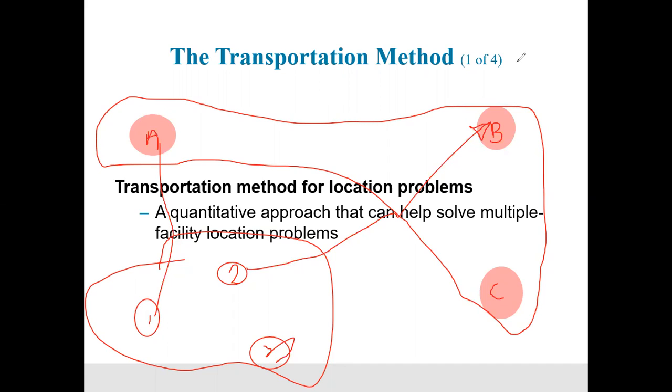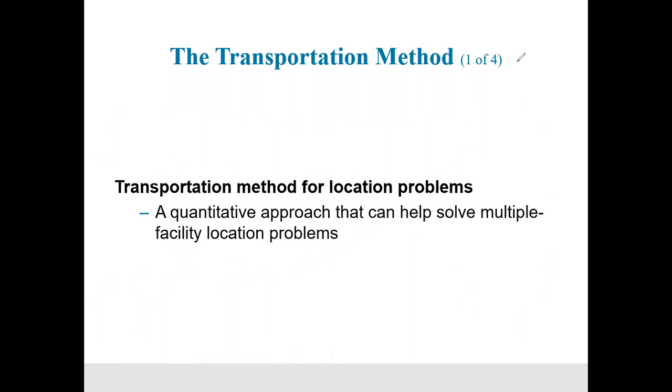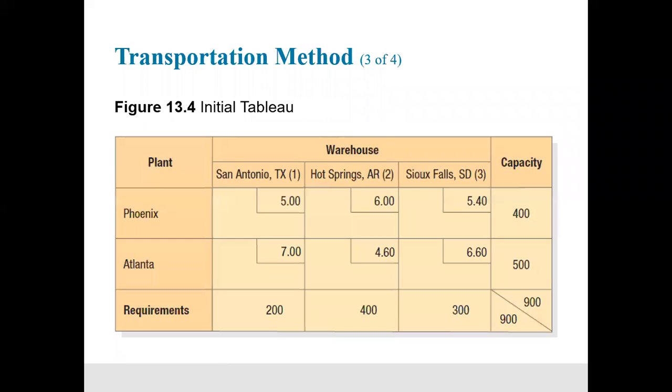That's usually found in a table that enables you to figure out how much it would cost to move product. The other thing that we need to know is how much product we have sitting in each and every one of those supply side locations. And we also need to know how much the customers need at those demand side locations. Okay, so a transportation method problem is usually presented to you in this type of format.